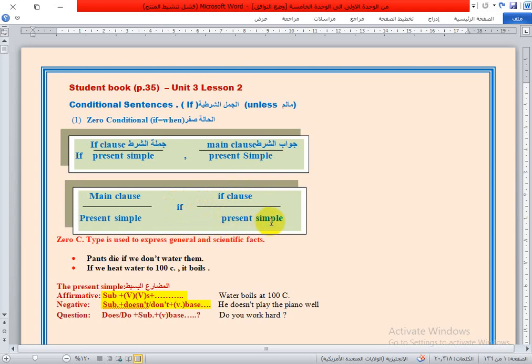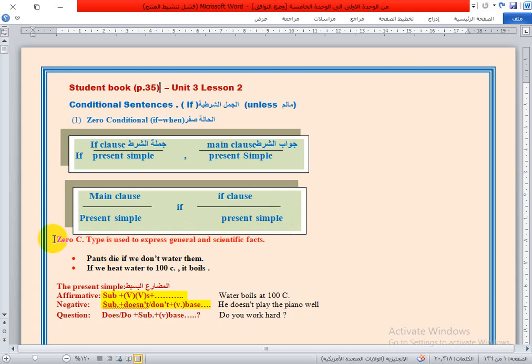So both sentences, the if clause and the main clause in the zero conditional, must be present simple. جملة if فعل الشرط وجملة جواب الشرط بالحالة زيرو اثنينات لازم يكون شنو؟ اثنينات لازم يكون present simple، مضارع بسيط.